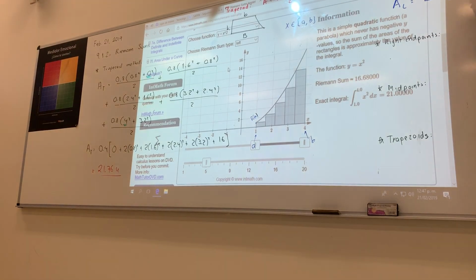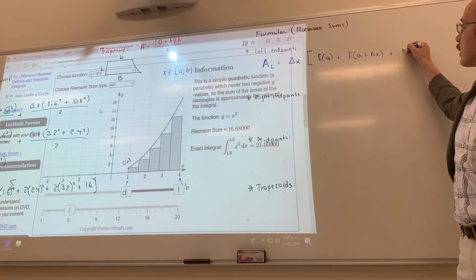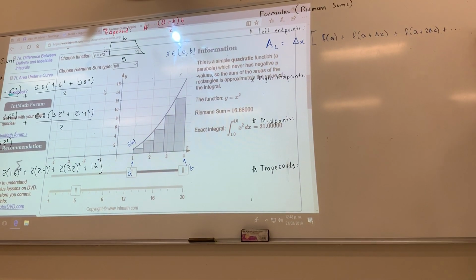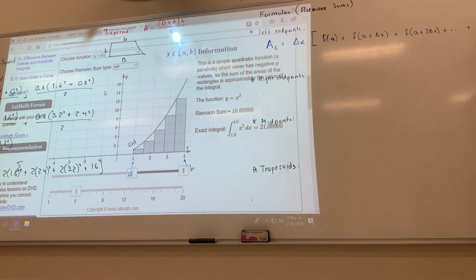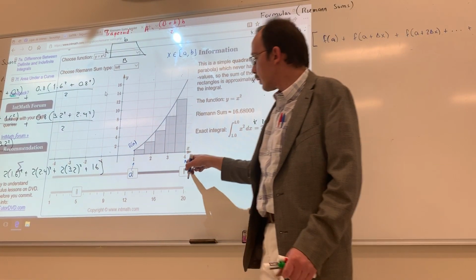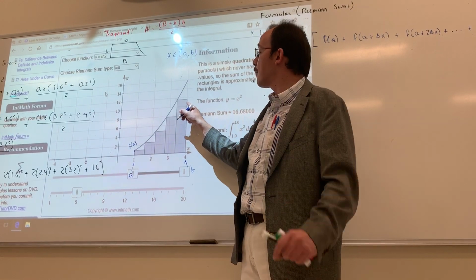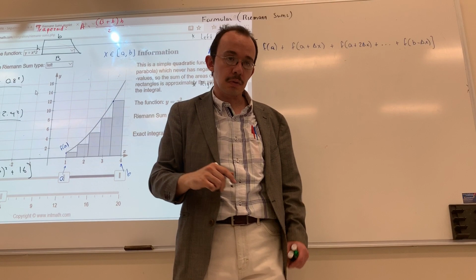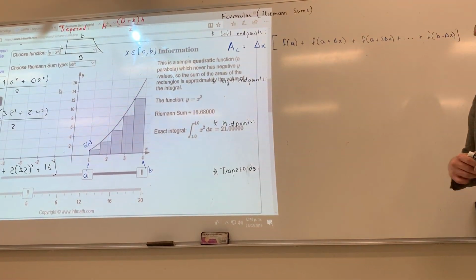F of A. So the first one is F of A plus F of A plus delta x plus F of A plus 2 delta x, all the way to F of B minus delta x. Why B minus delta x? Because if you observe, this is B, and the last left endpoint is this one, B minus delta x, to touch the graph. Okay?